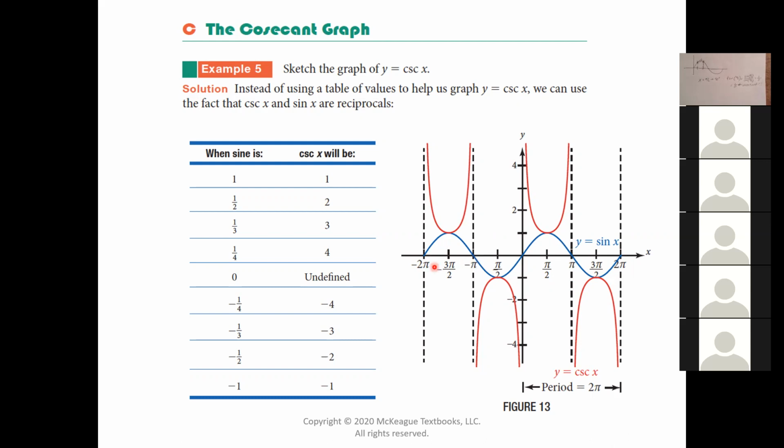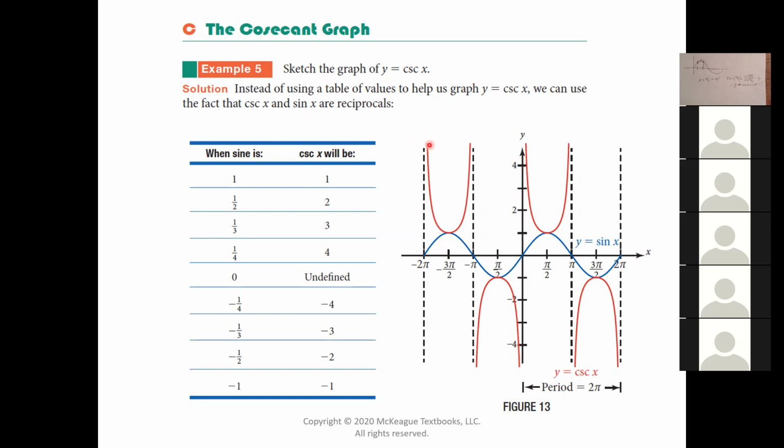Okay. And then, ladies and gentlemen, to graph the cosecant function is very simple. You basically have the cosecant function just touch the maximum point on the graph between the vertical lines, or touch the minimum point of y equals sine x between the vertical dashed lines. Notice there's also a vertical dashed line through x equals 0, which is the y-axis. They're not showing that, but the y-axis is also a vertical dashed line.